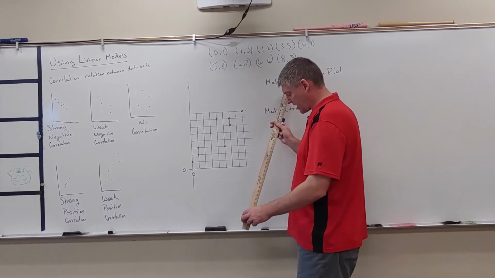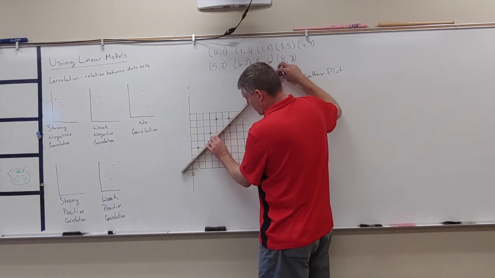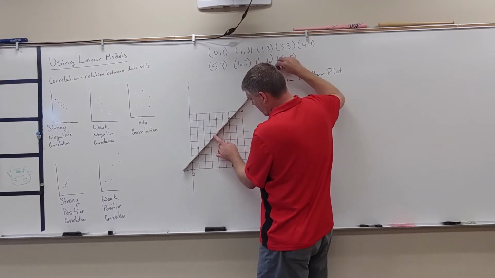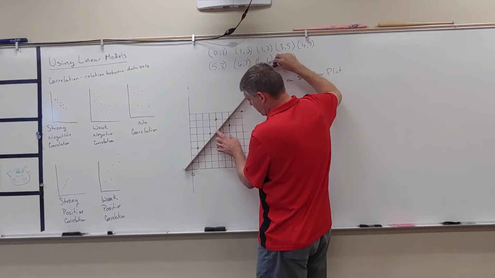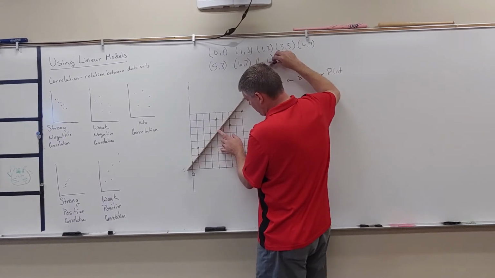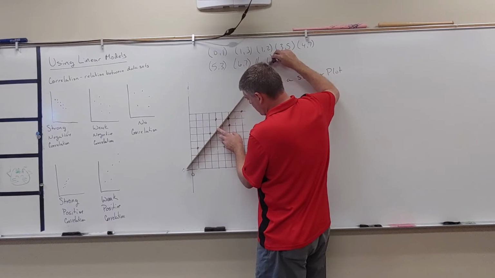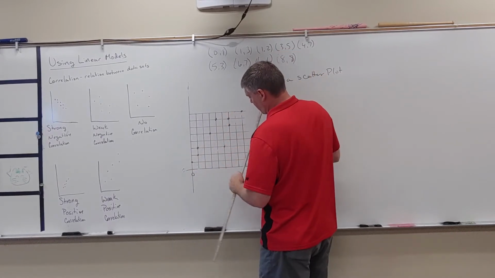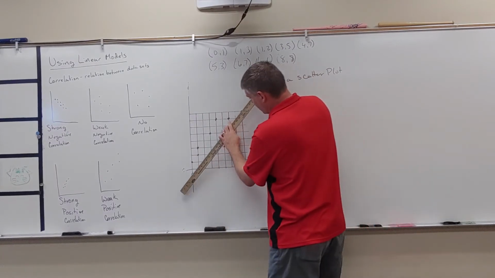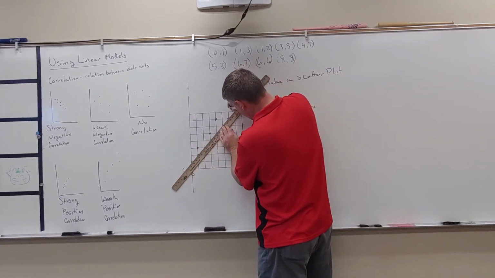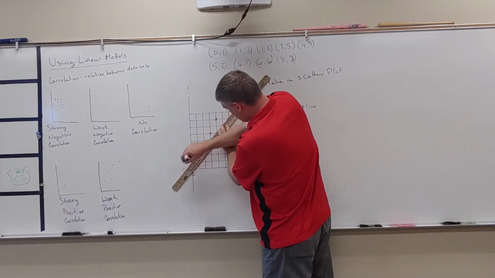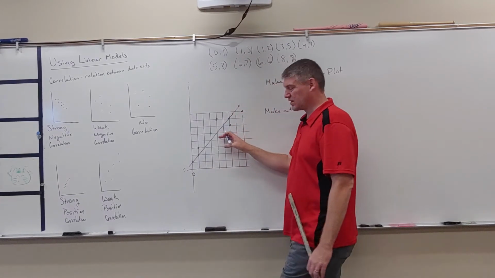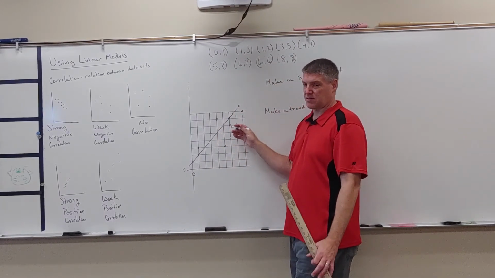So here I have my straight edge, and I want to get into a position where I have maybe half the data above, half the data below. So here I have 3 above and 3 below. If I were to draw a line connecting these ones right here, I would have 3 above, 3 below, though there is a little bit more distance here on the bottom.